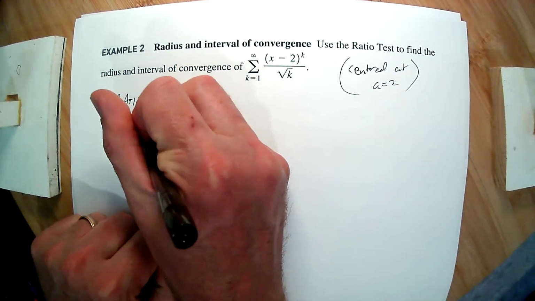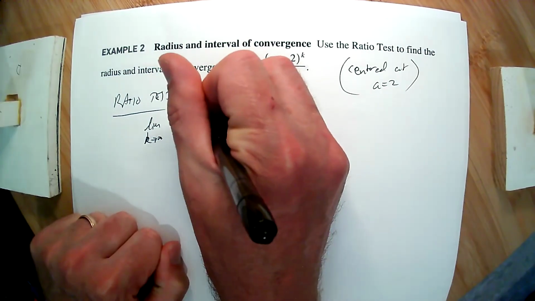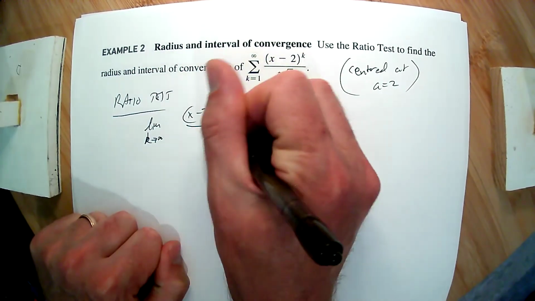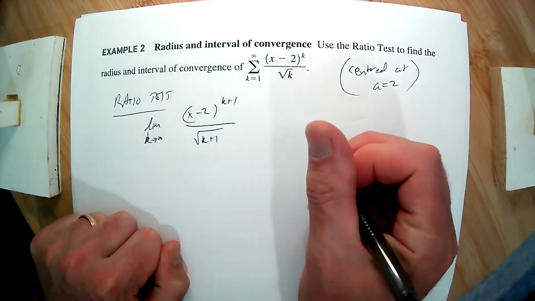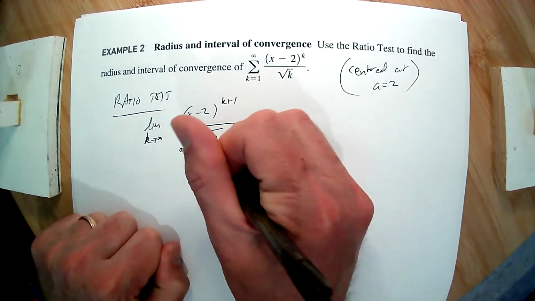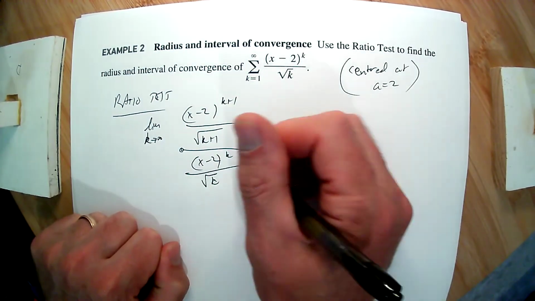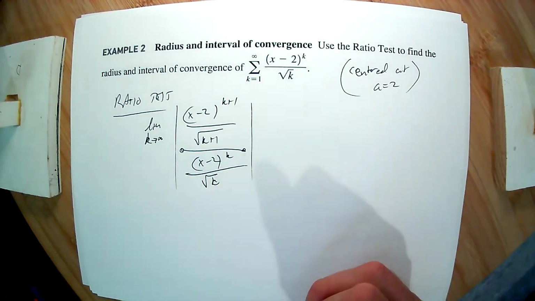So I'm going to compute the limit as k goes to infinity, k plus first term on top. Okay, and then the kth term on the bottom. So x minus 2 to the k over root k. All in absolute values. Big, huge tower.